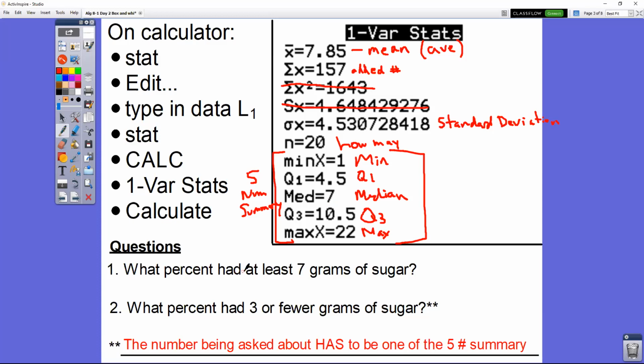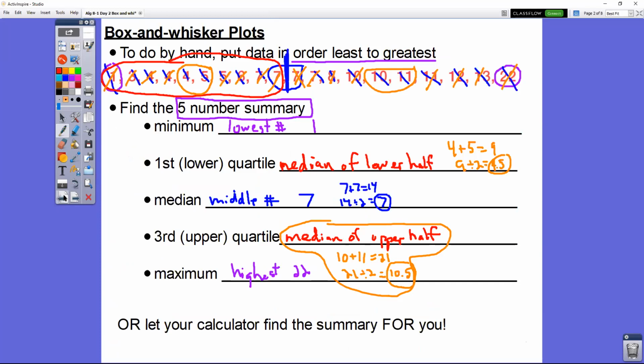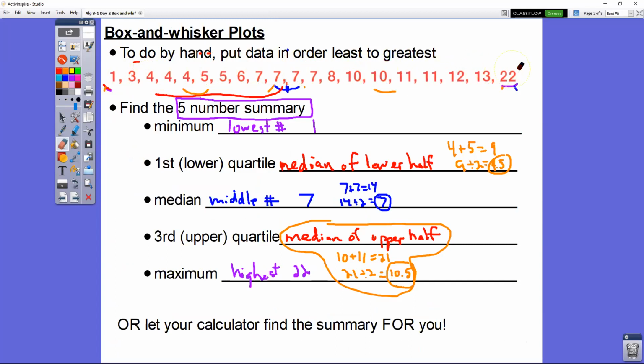What percent had at least 7 grams of sugar? At least 7 grams. Now, at least 7 grams, if I go back to my numbers here, and I'm just going to erase right here so we can see these numbers a little bit better. At least 7 is 7 or higher.